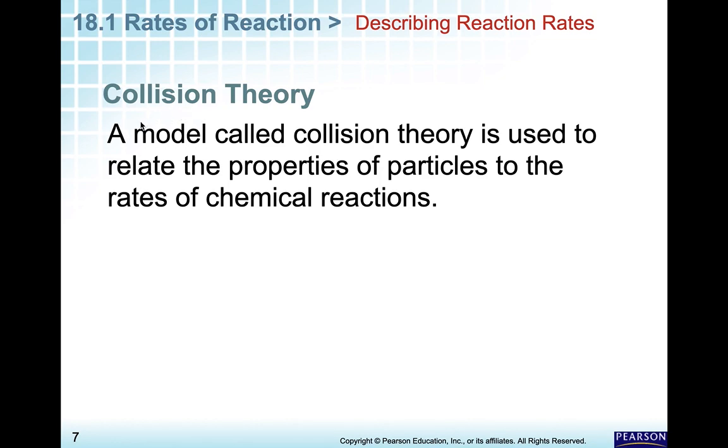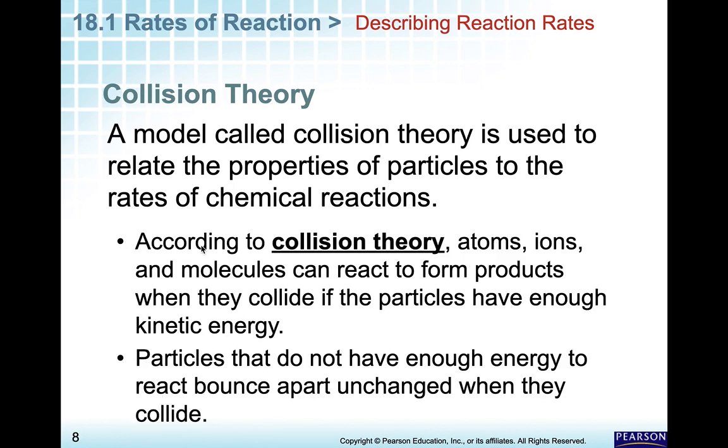So we're going to use this model of collision theory to relate the properties of the particles in the reaction to the rate of the chemical reaction. And so this will make sense. According to collision theory, atoms, ions, and molecules can react to form products when they collide if the particles have enough kinetic energy. So there's 2 requirements. This is the first one.